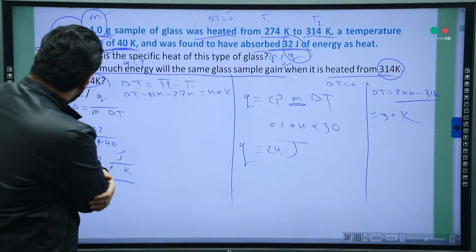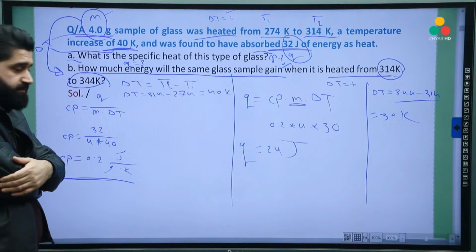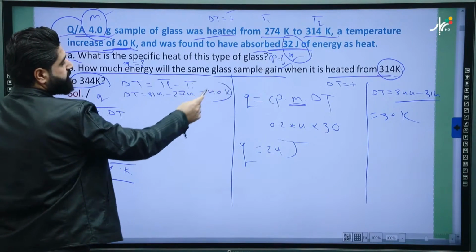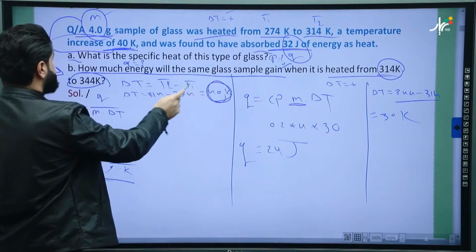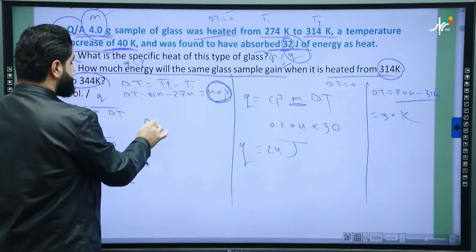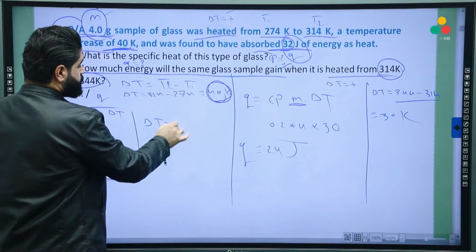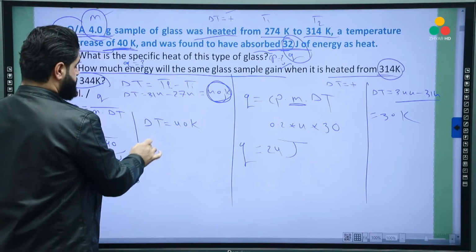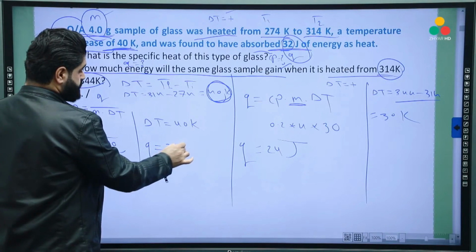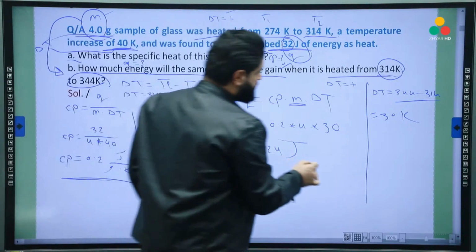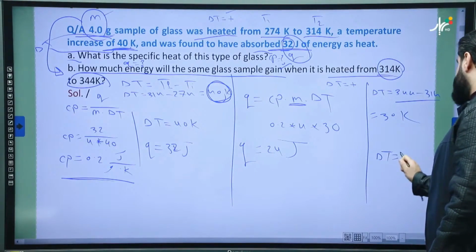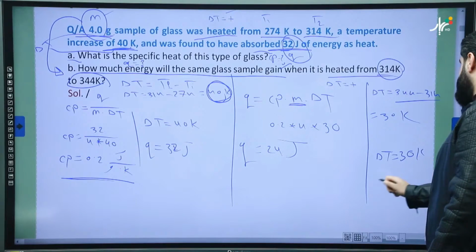How do we know our solution is correct? Look, when the sample is heated by 40 Kelvin, it absorbs 32 joules. So when delta T equals 40 Kelvin, Q equals 32 joule. But now delta T equals 30 Kelvin.